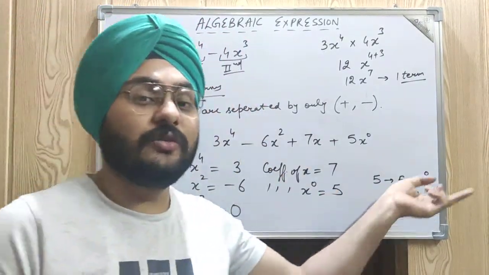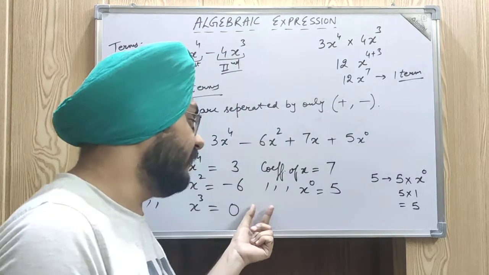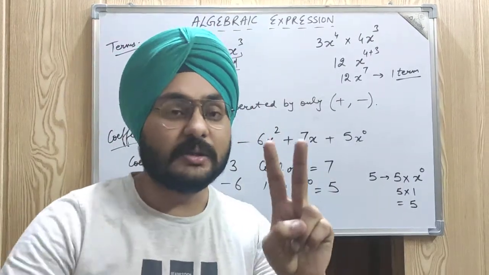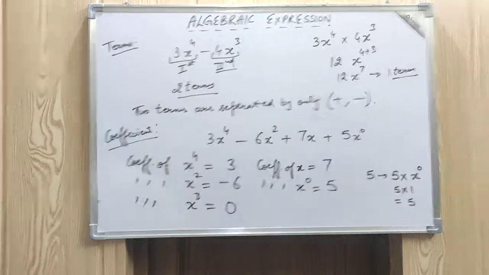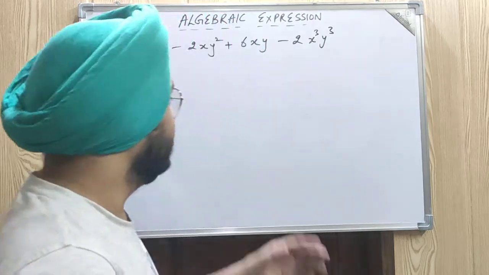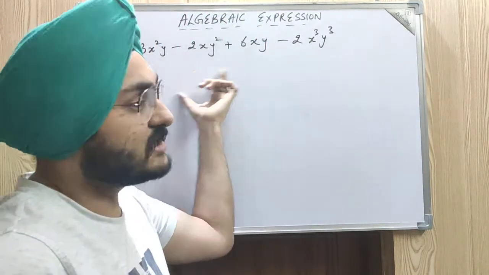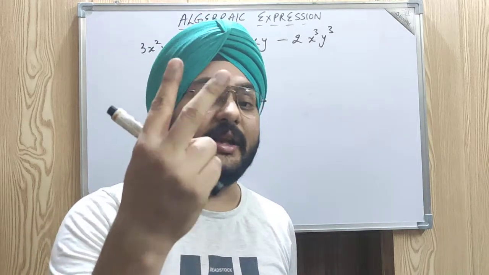Now coming to how to find the coefficients in two variables. So coming to the next. Now we have to find the coefficient from these terms. Basically this has two variables now.